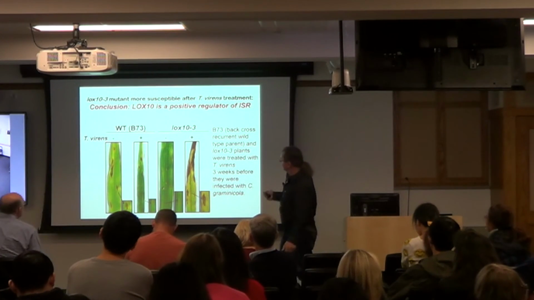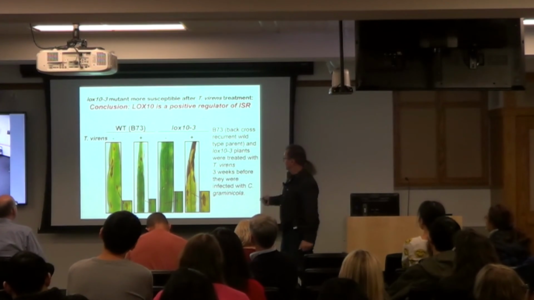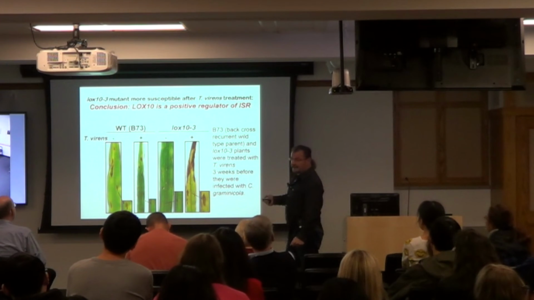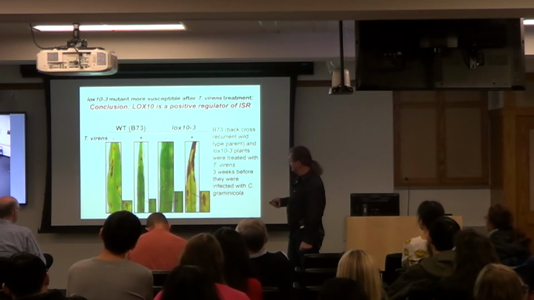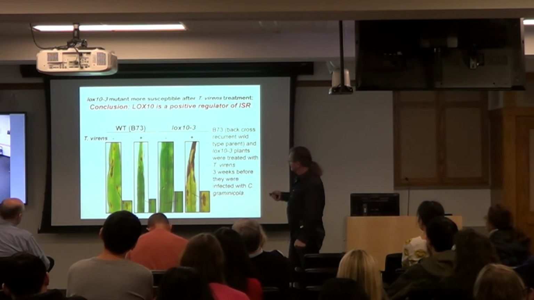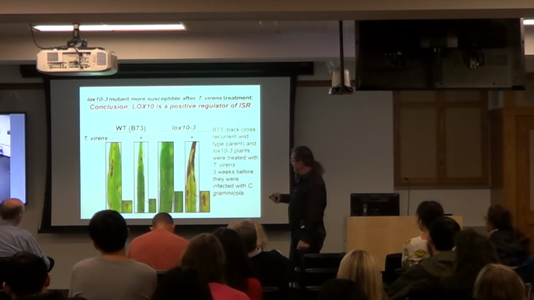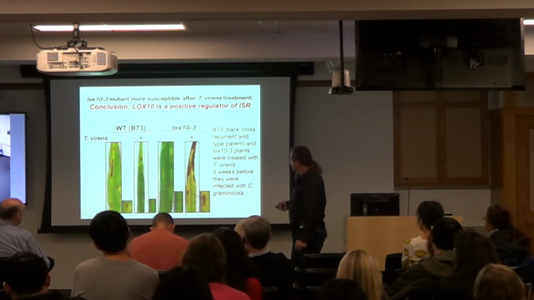So then we tested LOX10 mutants for ISR in response to Trichoderma colonization. When you have wild type, in this case without Trichoderma, they are normally susceptible. The addition of Trichoderma to the roots makes them more resistant to Colletotrichum infection.